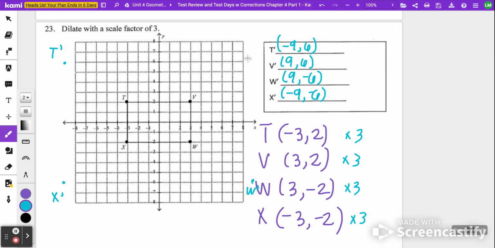And V prime, 9, +6. Okay, when you're done and you're connecting your points, you should notice that your rectangle is 3 times the size. We went too far for V. Here we go. Ta-da!